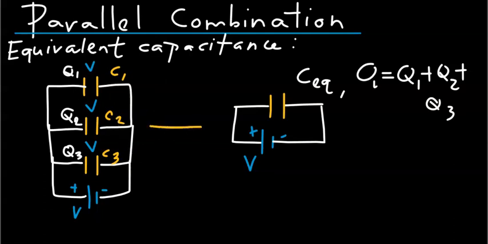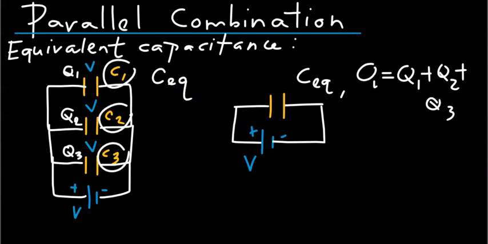So these two circuits are equivalent to each other, and the capacitance of this capacitor is what is known as the equivalent capacitance of this circuit. So our task is to calculate the equivalent capacitance in terms of C1, C2, and C3.